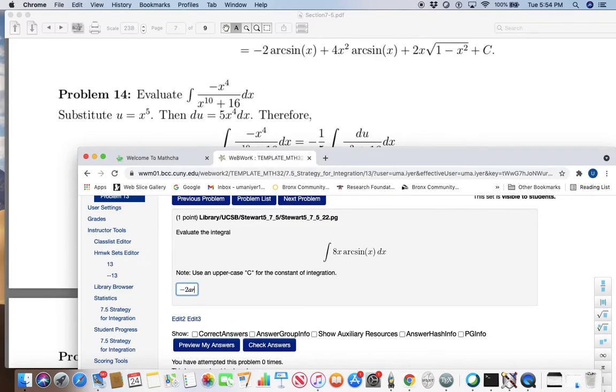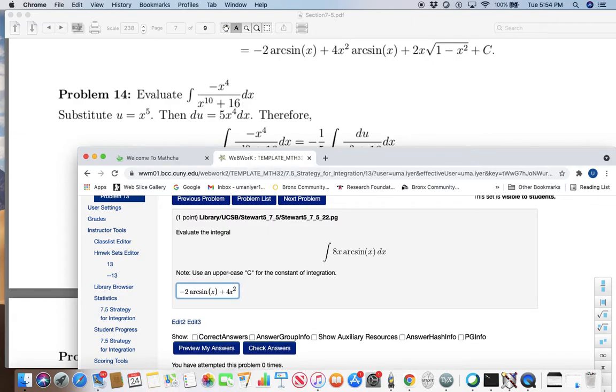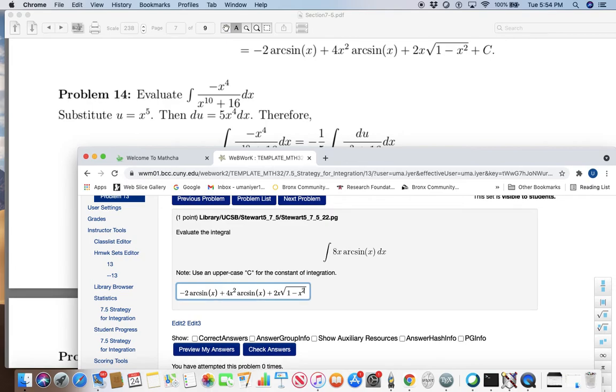Negative 2 arc sine of x plus 4x squared arc sine of x plus 2x square root of 1 minus x squared plus constant of integration.